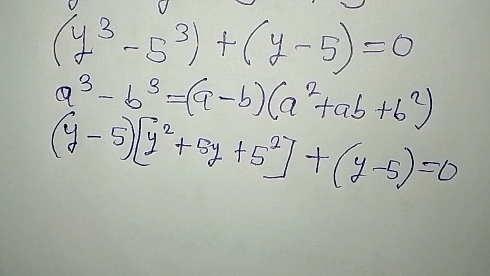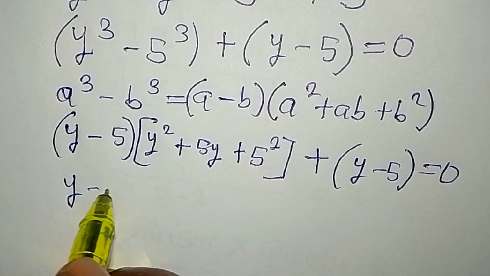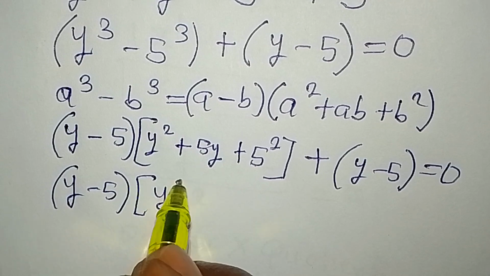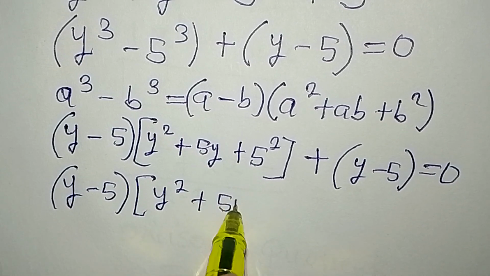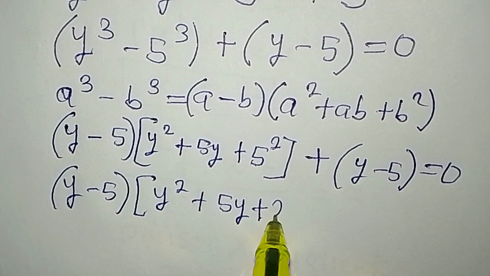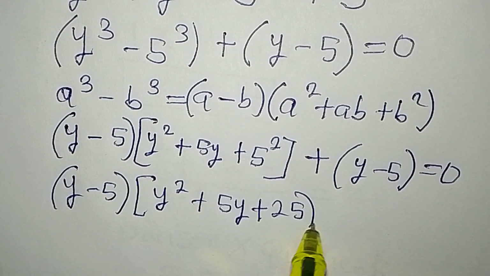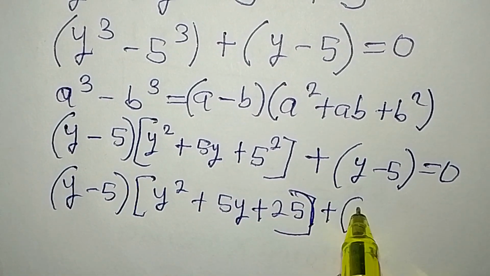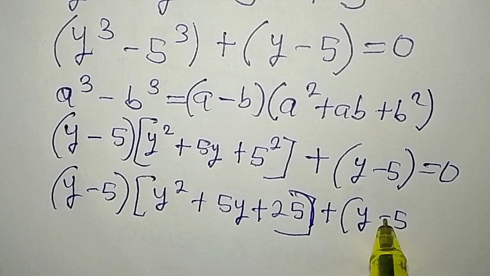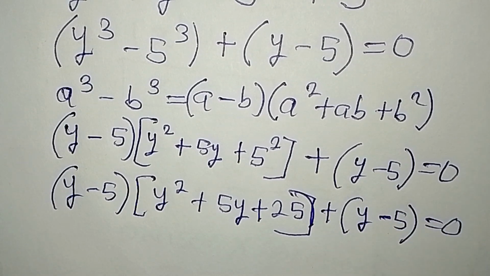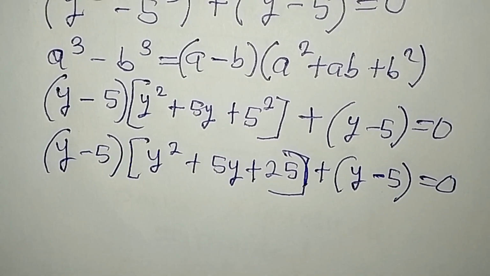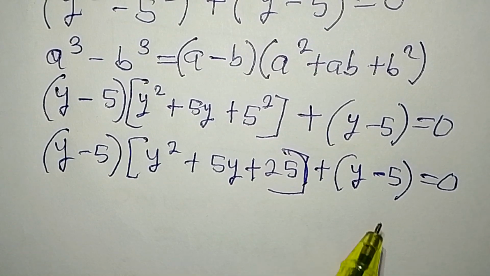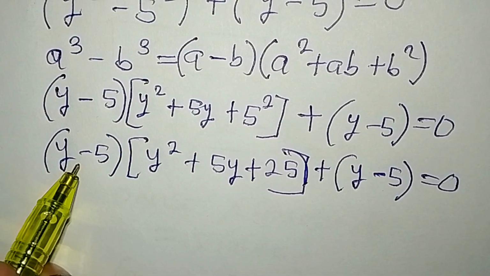Now, what do I do? This is y minus 5 into y squared plus 5y plus 25. That is 5 squared. Then plus open bracket y minus 5, and this is equal to 0. Now, what am I going to do? We have y minus 5 and y minus 5.